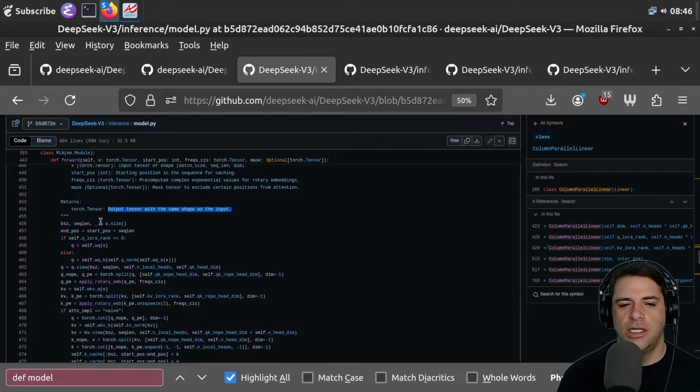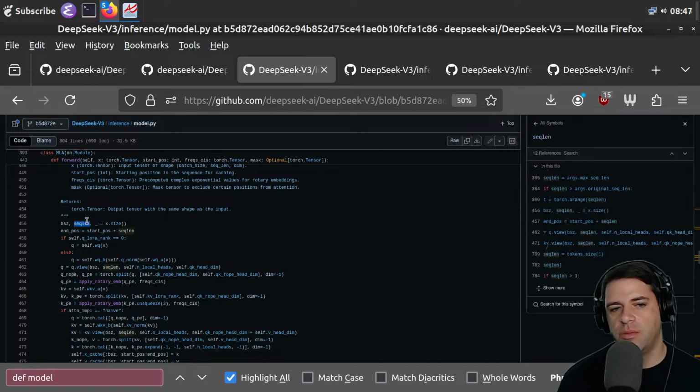So we're going to get the size of the input, and that's going to give us whatever bsz is and sequence length. I'm not sure what b is doing. The end position is going to be wherever we're starting plus the sequence length. So maybe bsz is the size of each token, and sequence length is like the number of tokens or something like that.